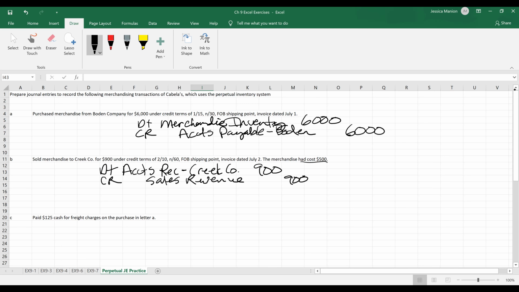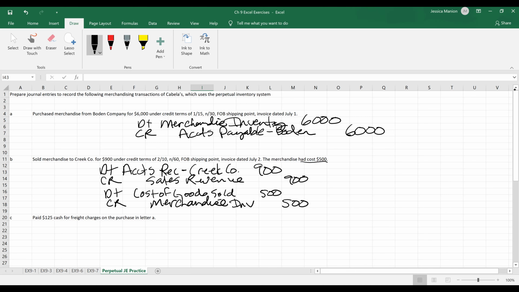This merchandise had a cost of 500. So debit cost of goods sold, 500. Credit merchandise inventory, 500. That is what that one would look like.